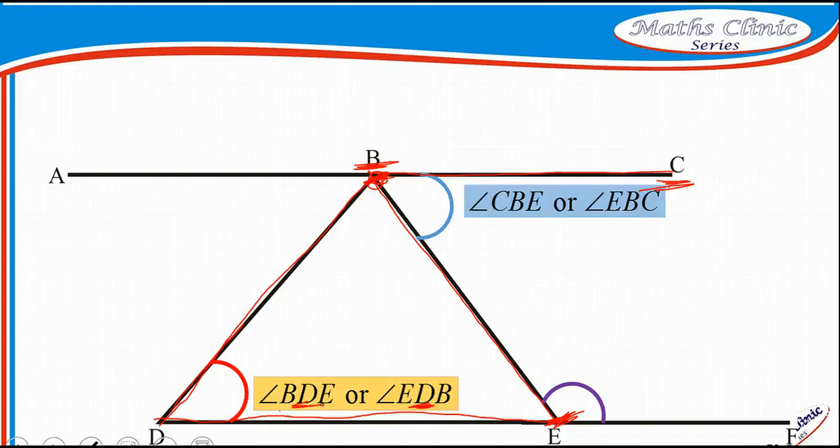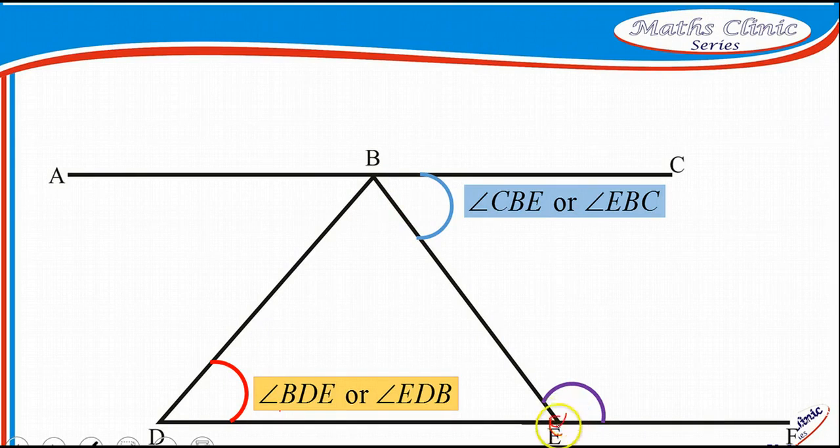Now look at this one too. Now, how do we name this angle? You can pause the video and give yourself a try. Now, this angle exists between two lines. Look at the two lines, this one and that one.